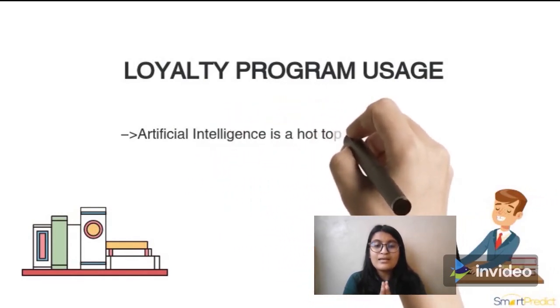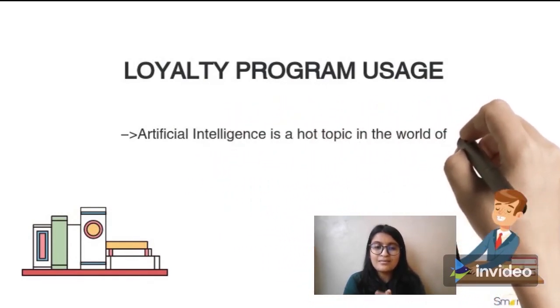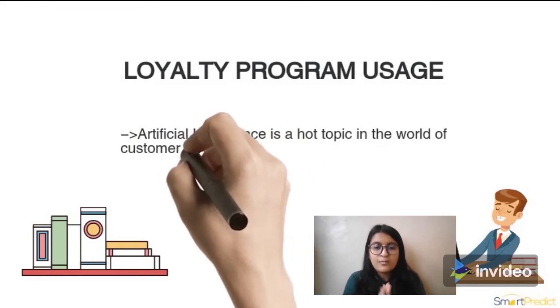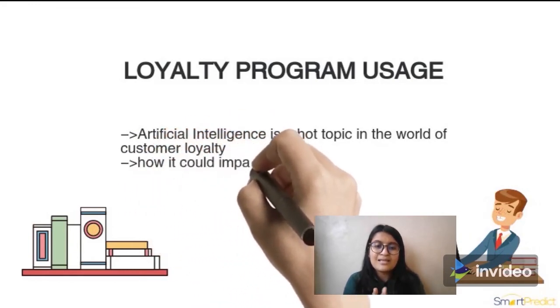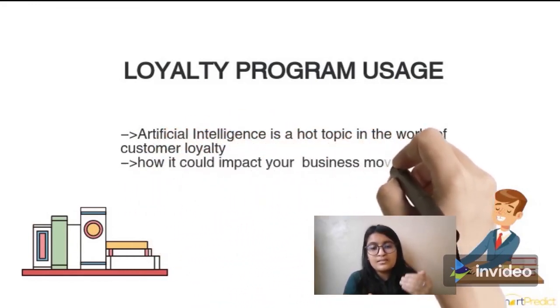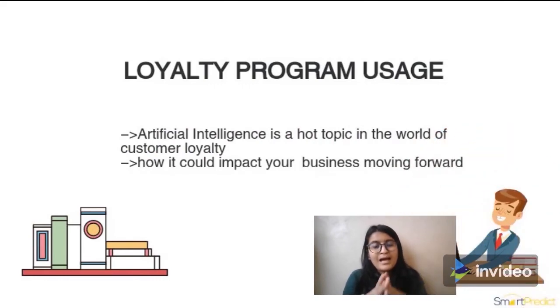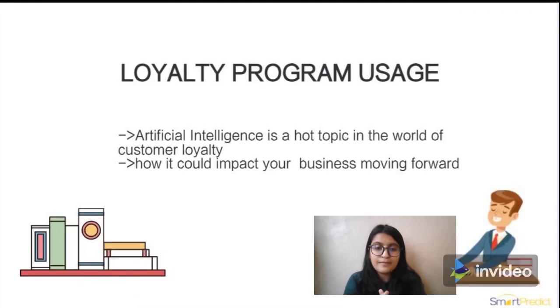And that is why it is important to understand the emerging technology's relevance to marketing as well as how it could impact your business moving forward. Artificial intelligence is capable of incorporating the value, attrition, and potential offering.